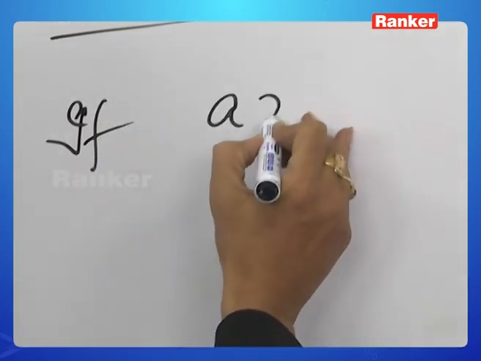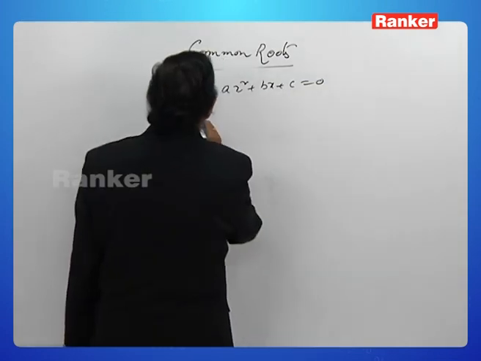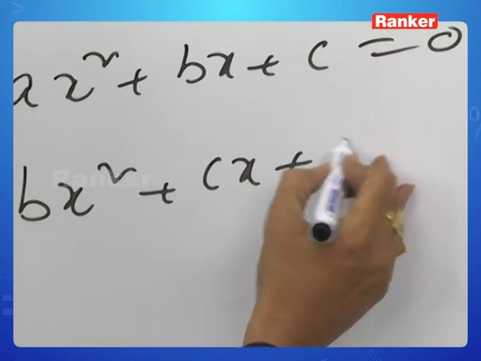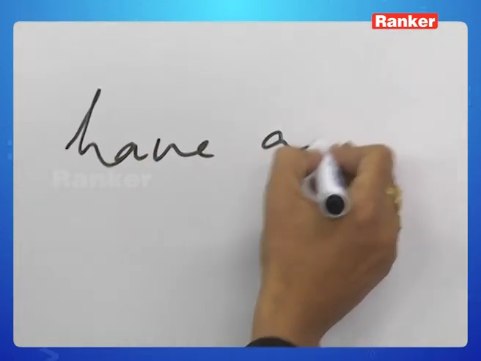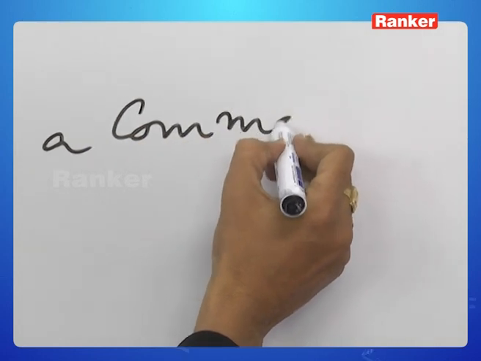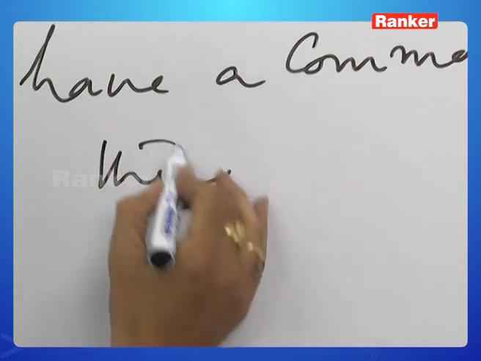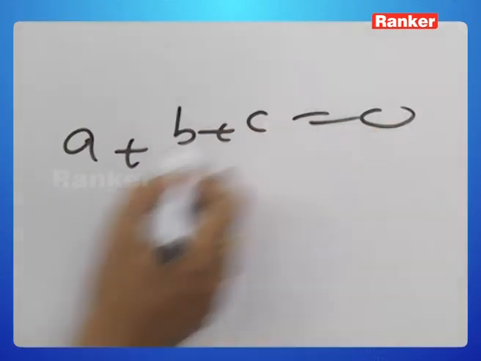If ax square plus bx plus c is equal to 0 and bx square plus cx plus a is equal to 0 have a common root, then first option: a plus b plus c is equal to 0.